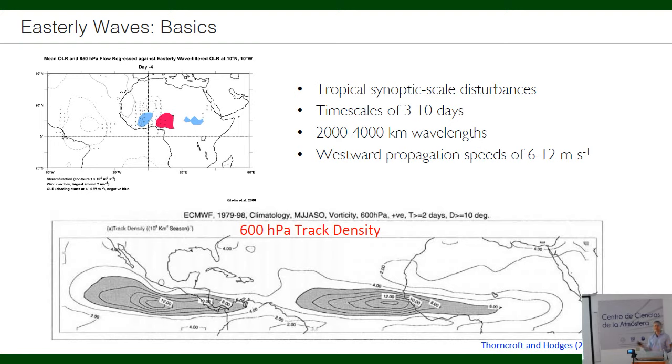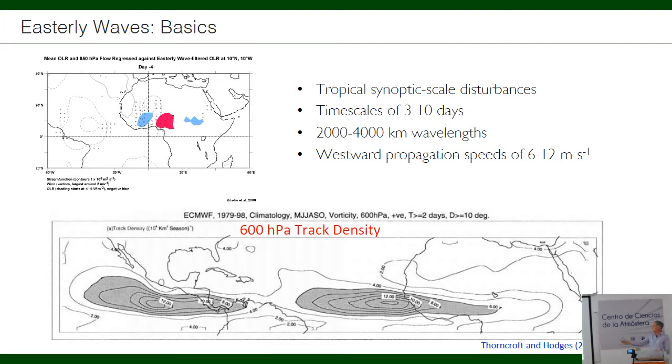And their size tends to be about 2,000 to 4,000 kilometers across. And they move westward with time, at speeds of about 6 to 12 meters per second. The area that traditionally has been considered a genesis location for easterly waves is Africa.